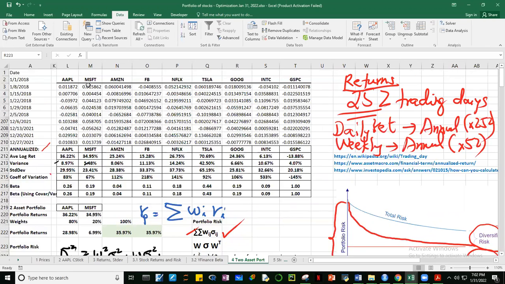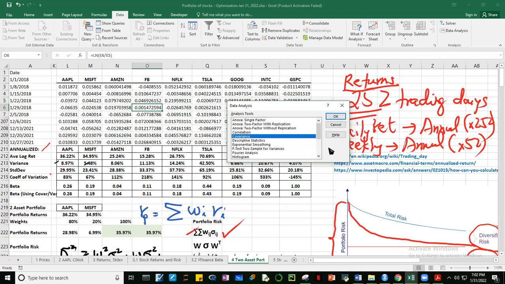Ito siya. Nilagyan ko na ng pangalan sa taas para magamit natin yung label, no? So we want to get the variance covariance of Apple and Microsoft. Okay, so let's click data analysis. And then among here, mayroong ANOVA, may correlation. Okay, so we're going to use covariance here.